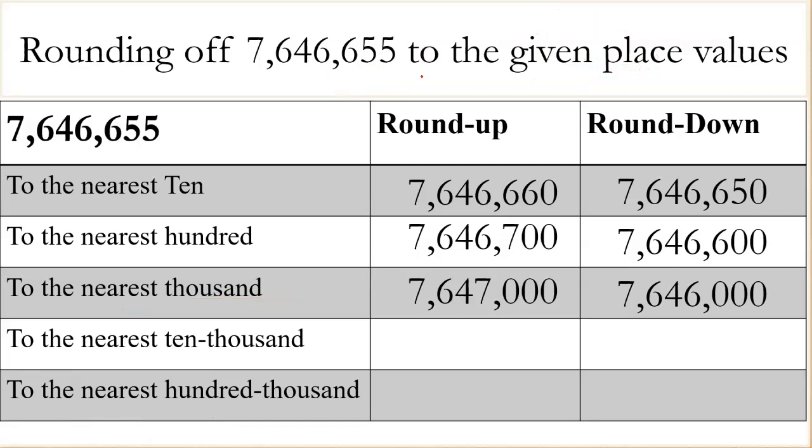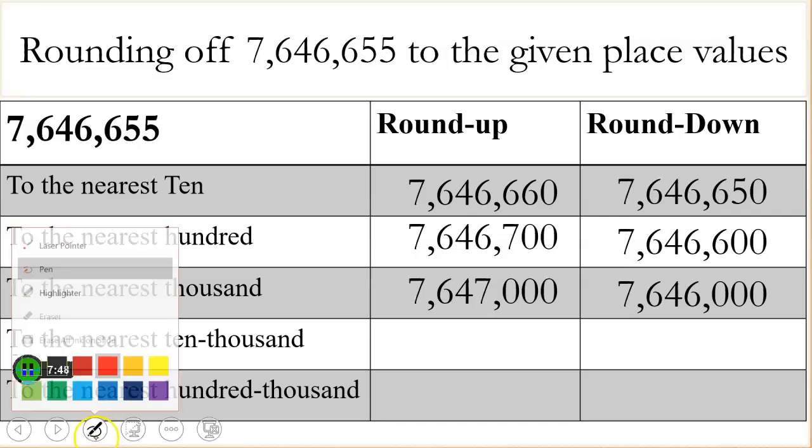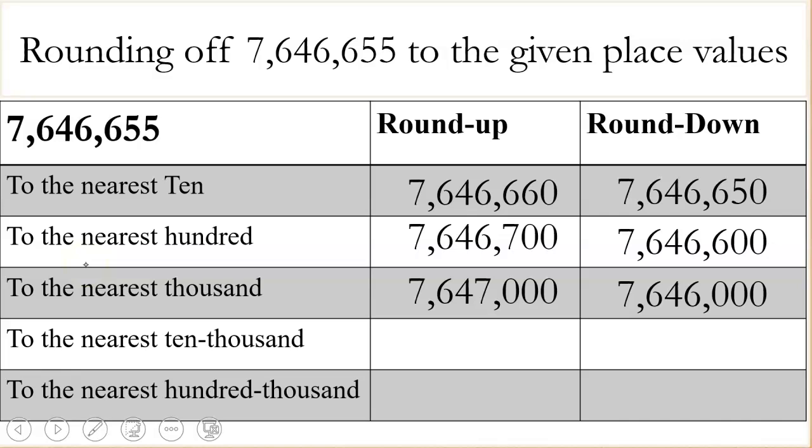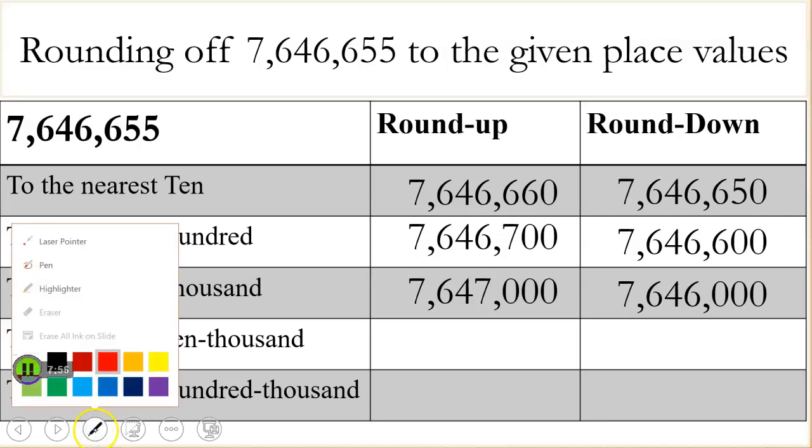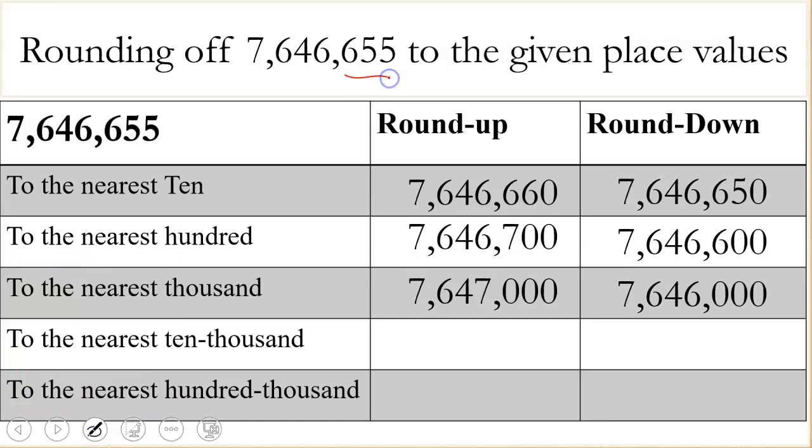Okay, can you guess what will happen to the next? That is running the number to the nearest 10,000. What do you think could be the value here? Right. I'm sure you had your answer correct. Okay, so we are talking about 10,000, and 10,000 can be picked from here.